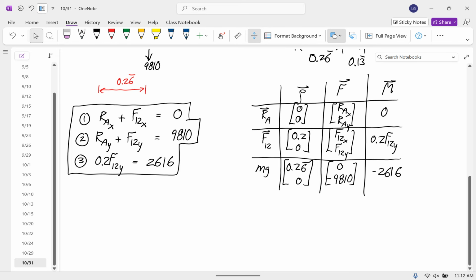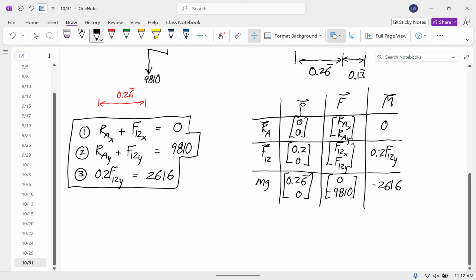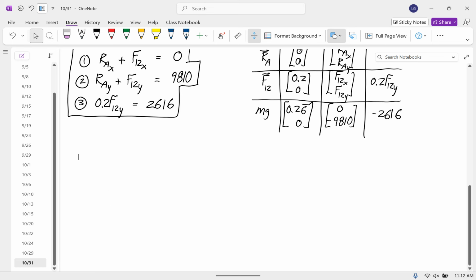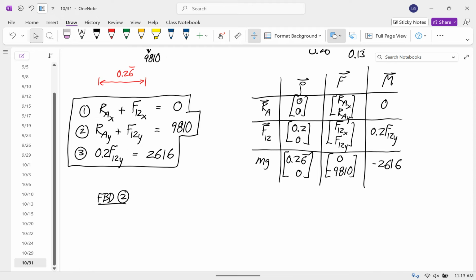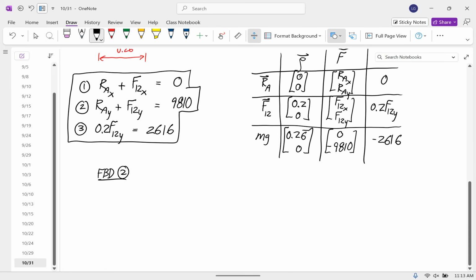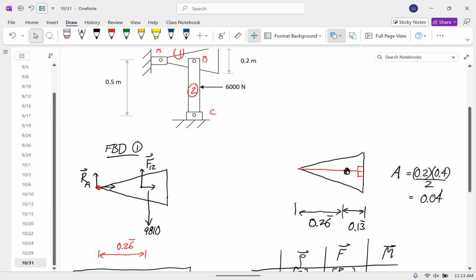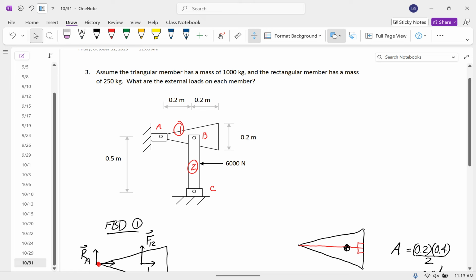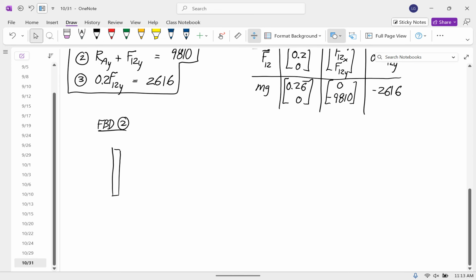And then we'll go to the second one. So free body diagram of body 2. So this is vertical. This has a mass of 250. So that weight is 2,452.5.